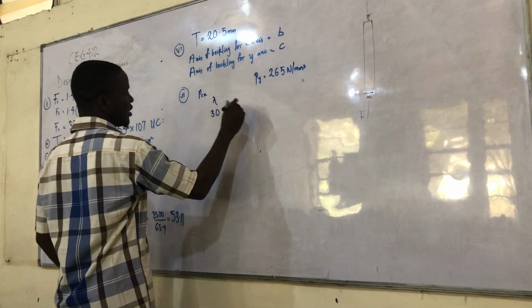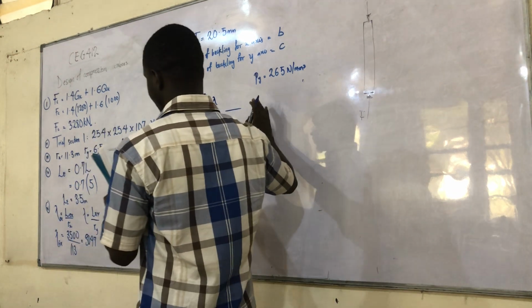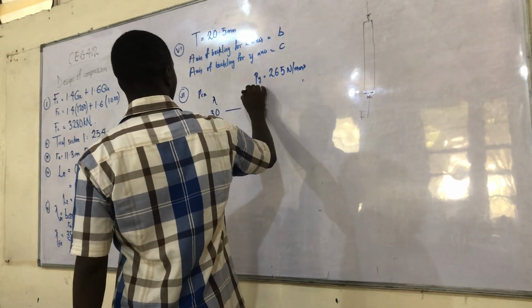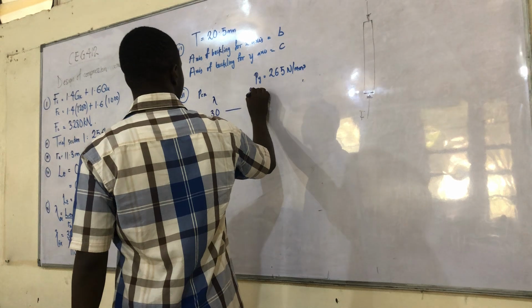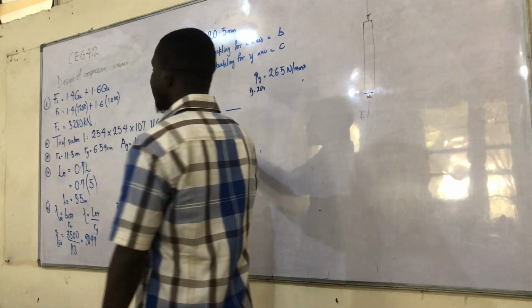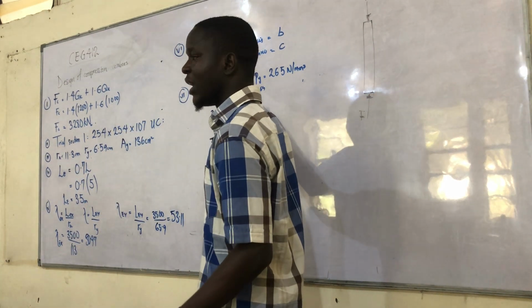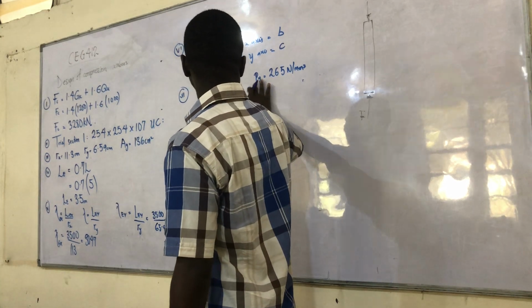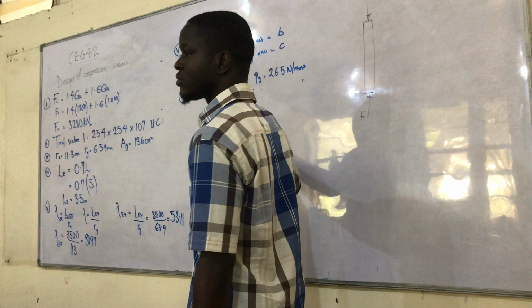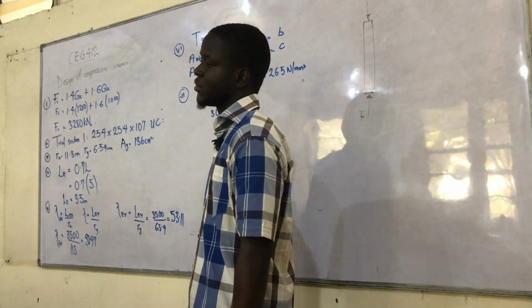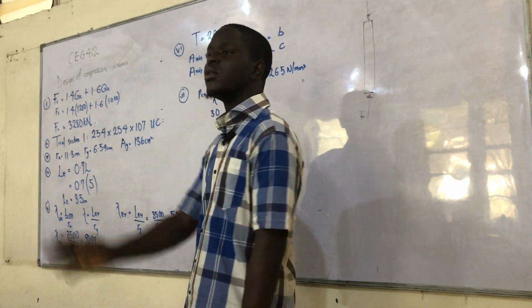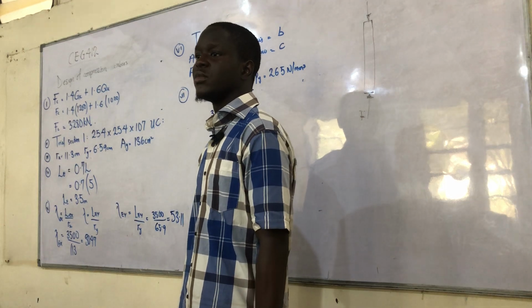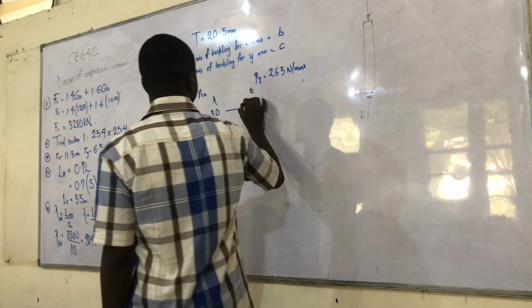So this is our lambda. So what are we checking for here? Our PY is just 265. So for 30, what's our PY? What's our PC? Are you using the right table? 253?